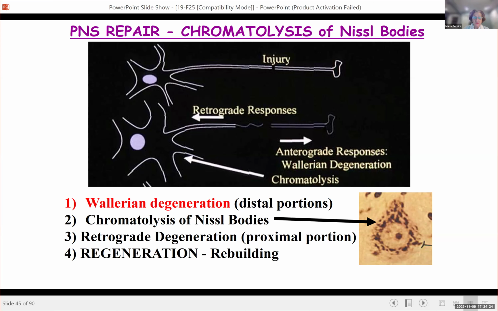When there are signals from the proximal stump that there's injury, these Nissl bodies disperse and they are highly, highly active in producing new proteins. This is known as chromatolysis of the Nissl bodies. So they disperse and they become activated so that they make a lot of proteins that allow for the repair of the proximal stump. The distal stump is degenerating by Wallerian degeneration.